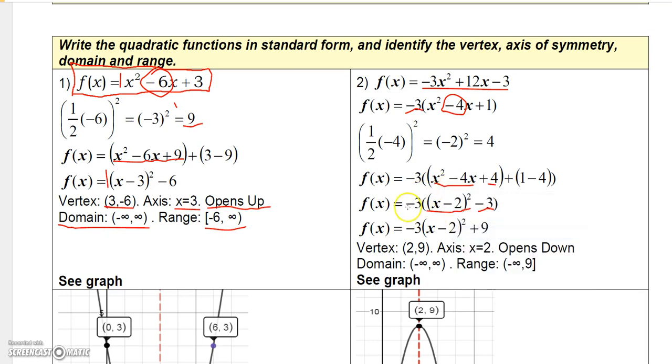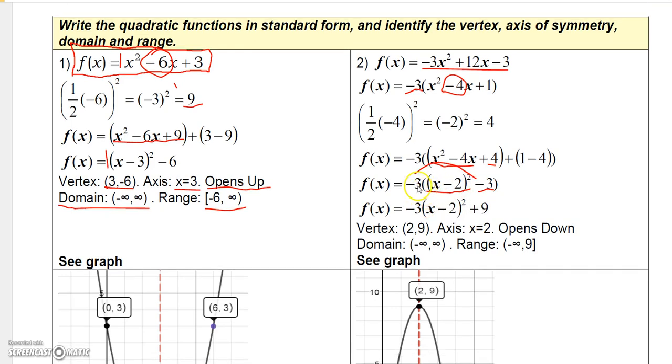If I multiply negative 3 times this squared binomial, I'll get negative 3 times that squared binomial. And then if I take negative 3 times negative 3, I'll just get plus 9. Now, you can't multiply this negative 3 through here because that has to be squared. So you just leave it like this. But now it's in the proper form.